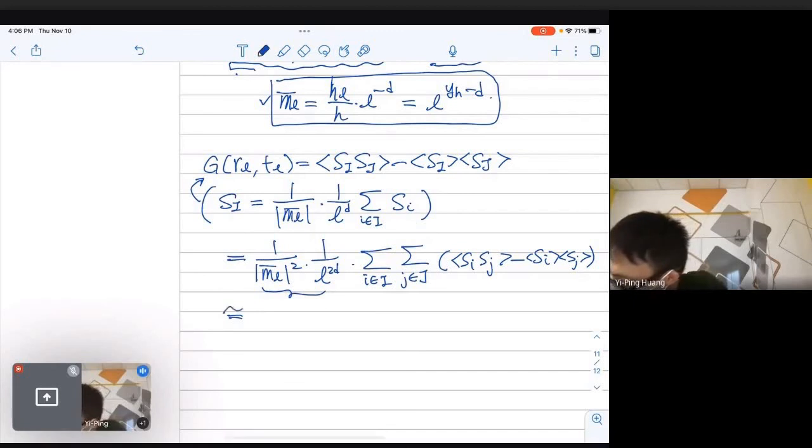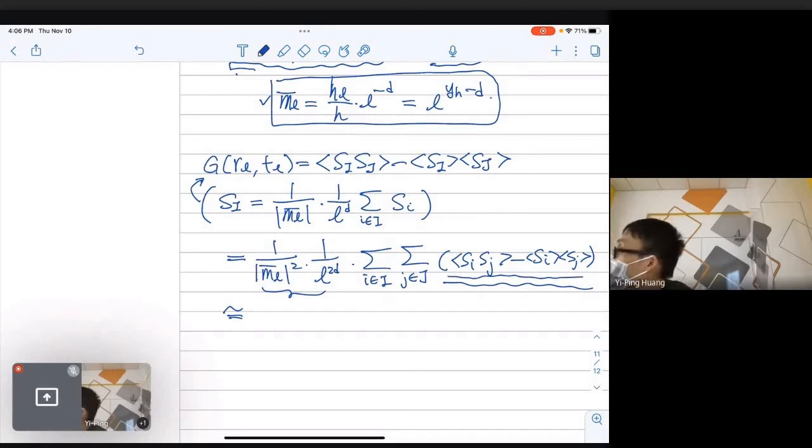But there's another thing, which is related to the Green's function of this part. If you just stare at this, it means that you are trying to calculate the spin correlation function between the little i spin and little j spin. What do we mean by that?